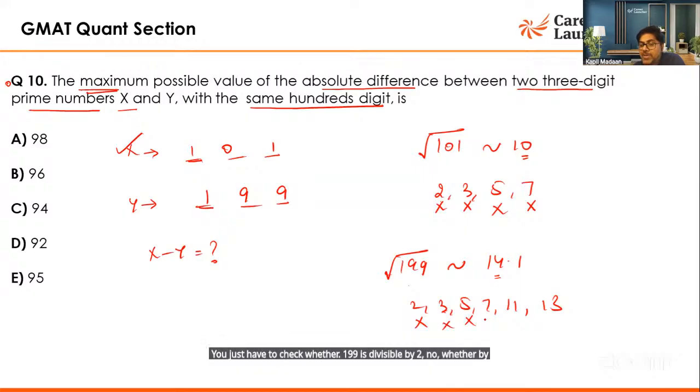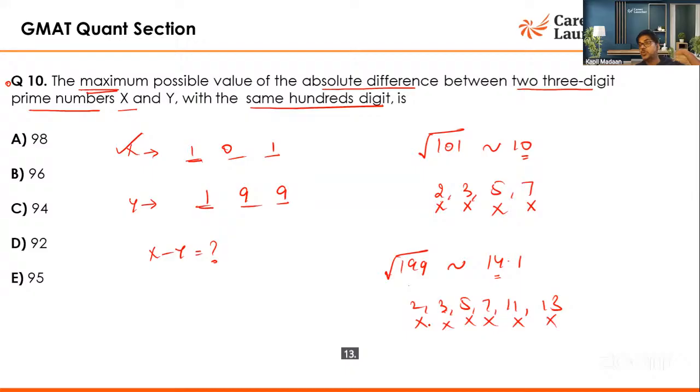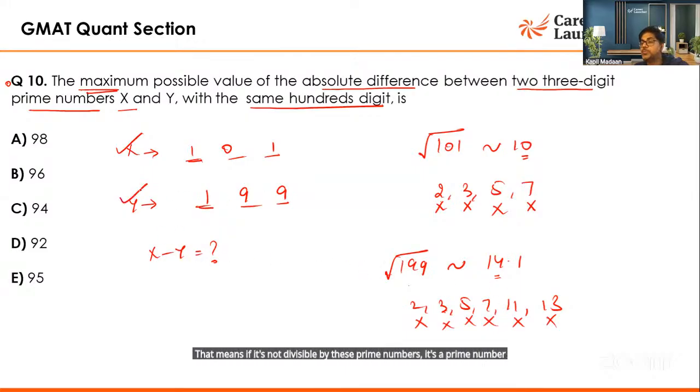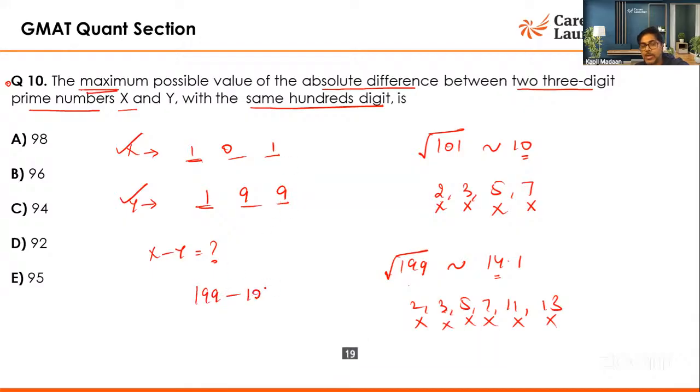No. Similarly by 5, 7, 11, 13, no. That means 199 is also a prime. The difference between them, 199 minus 101, is 98. So try using values.